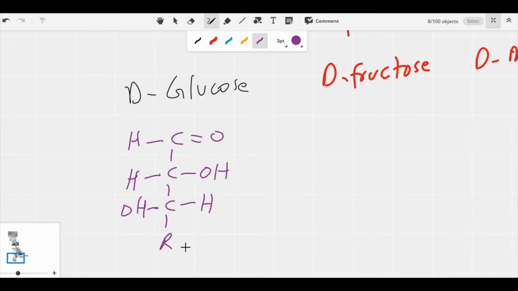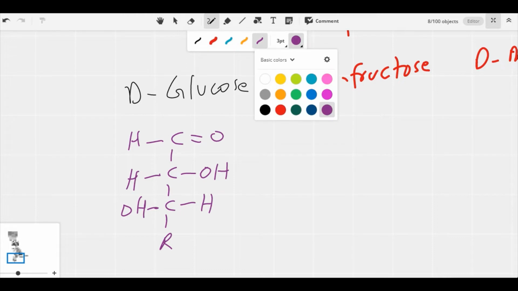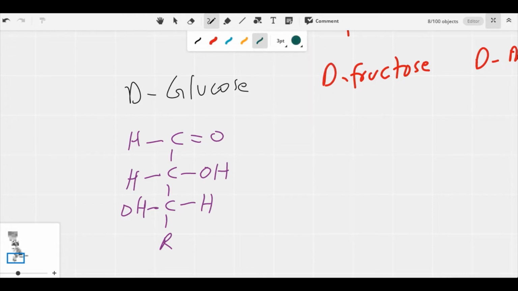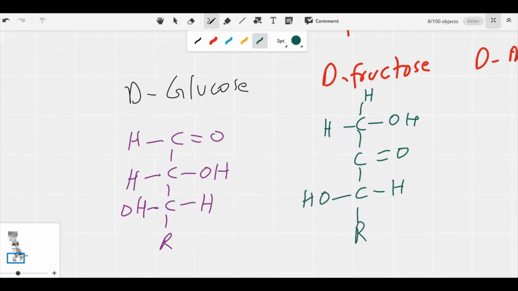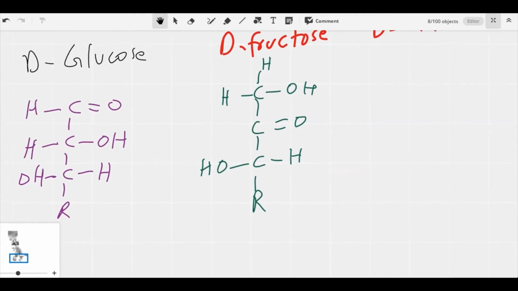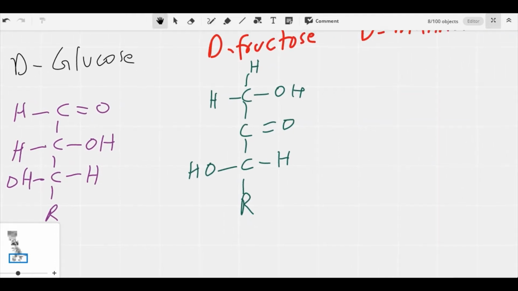Remember, R actually corresponds to the other 3 carbons. For D-fructose, that contains a ketonic group, so I am going to draw it. The other 3 carbons are represented by R.